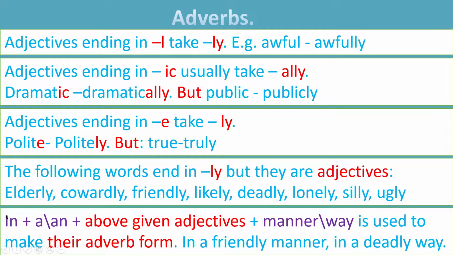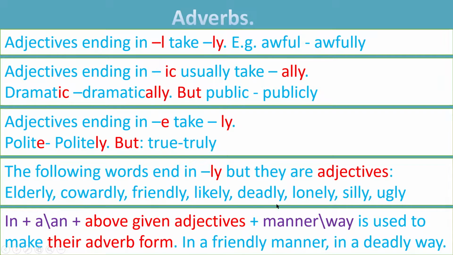We have to use this formula: in plus a or an depending on the adjective, and you have to use one of the given adjectives here, then way or manner. For example, in a friendly way, in a likely manner, in a lonely way. Understood?